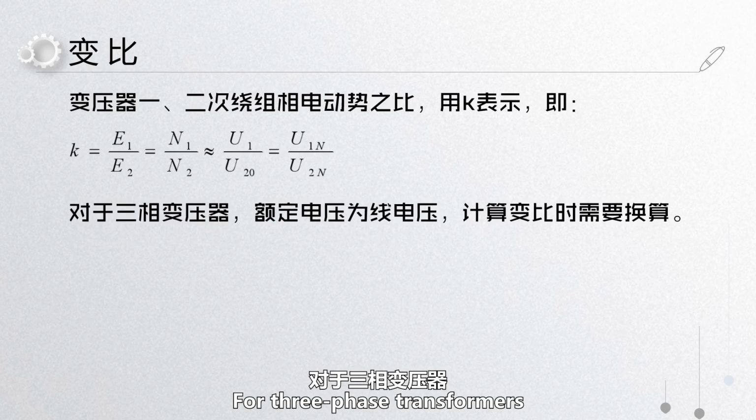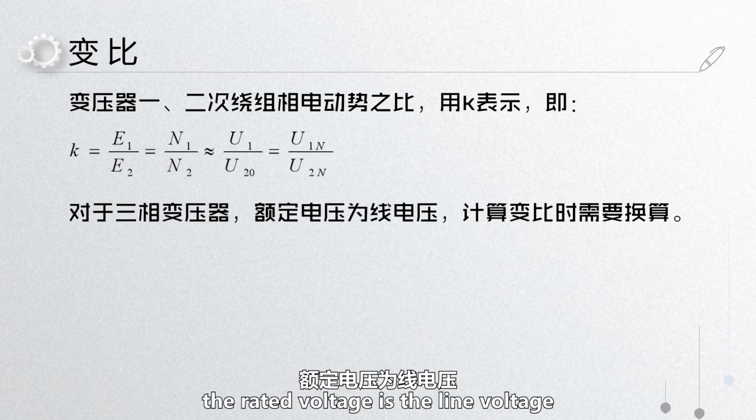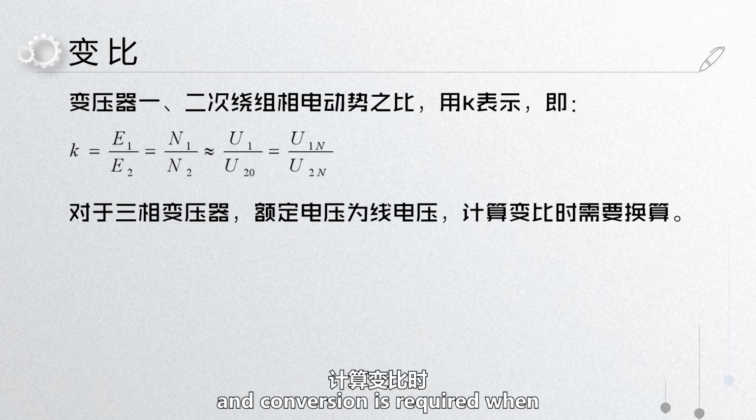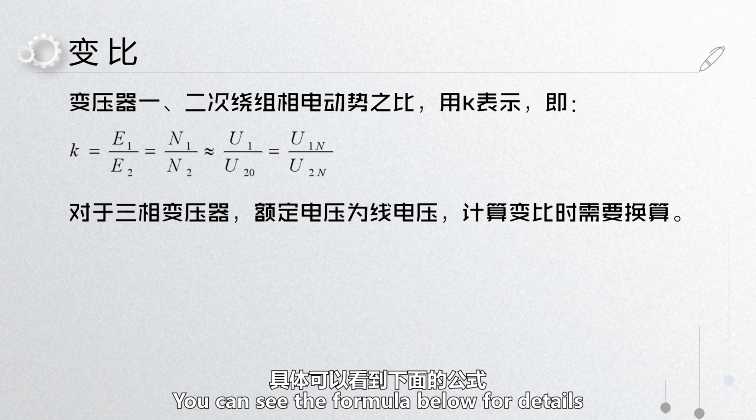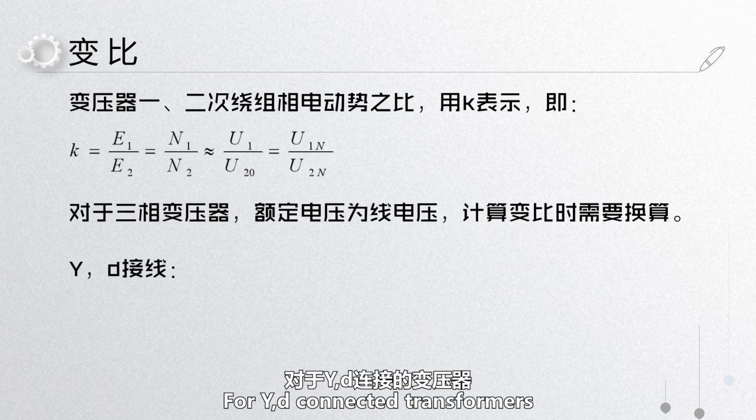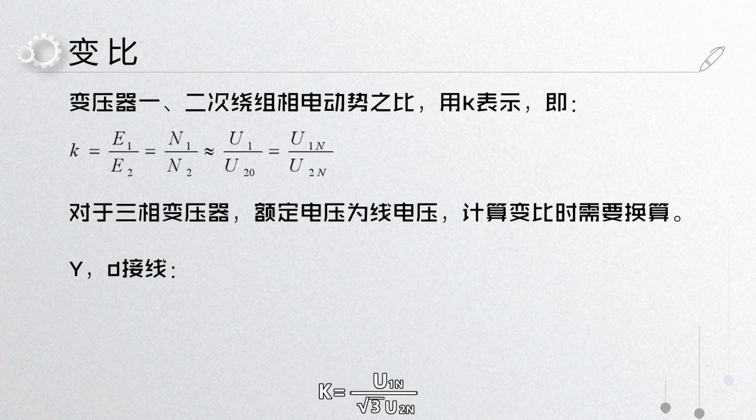For three-phase transformers, the rated voltage is the line voltage, and conversion is required when calculating the transformation ratio. You can see the formula below for details. For YD connected transformers, K equals U1N divided by the square root of 3 times U2N.